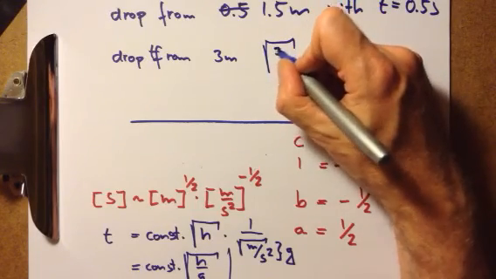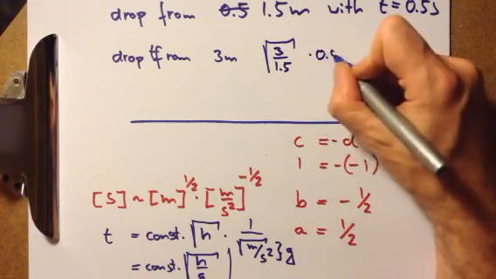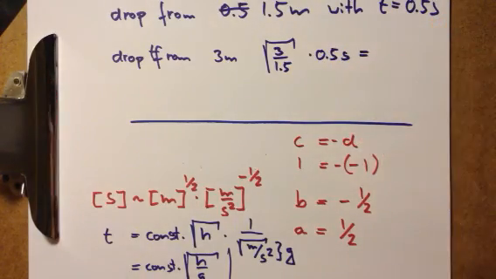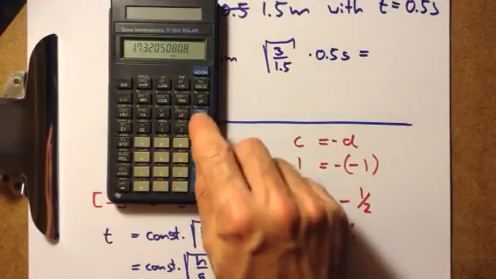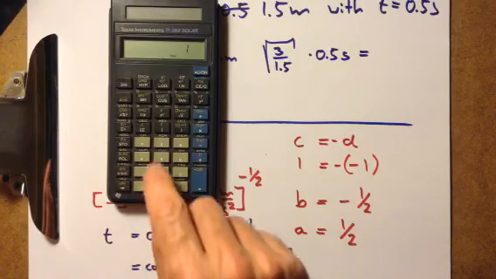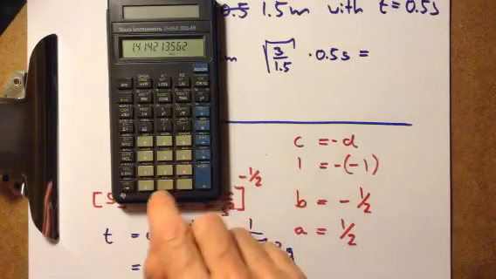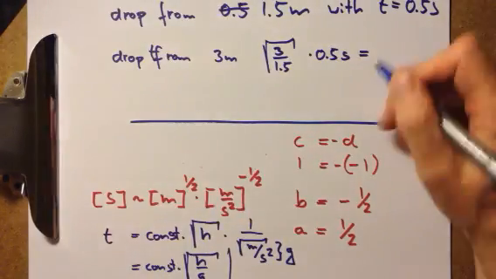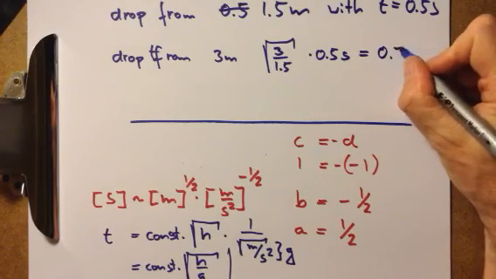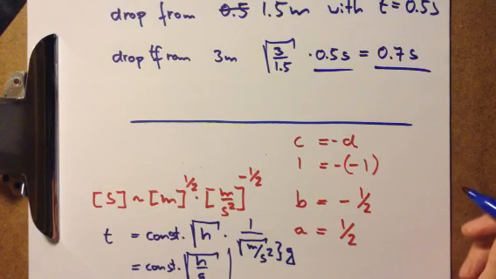So we have square root of 3 divided by square root of 1.5 times 0.5 seconds, and that's equal to, let's type that in, square root of 3 divided by square root of 1.5 equals 1.4, times 0.5 seconds. That's 0.7 of a second. So you can see, despite doubling the height, we're not doubling the time it takes for the pear to drop.